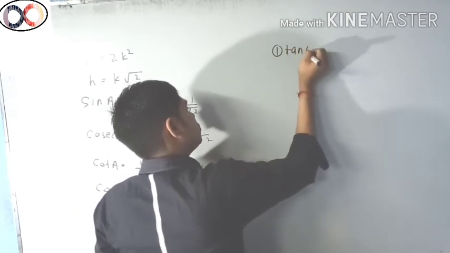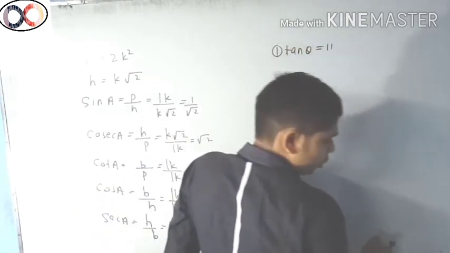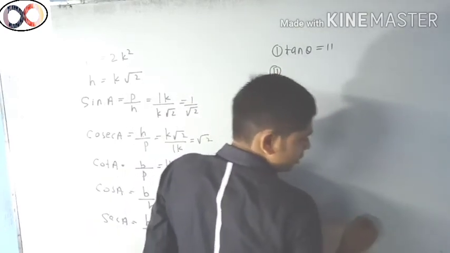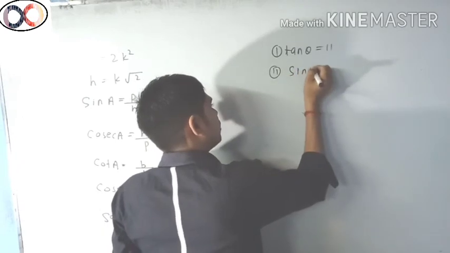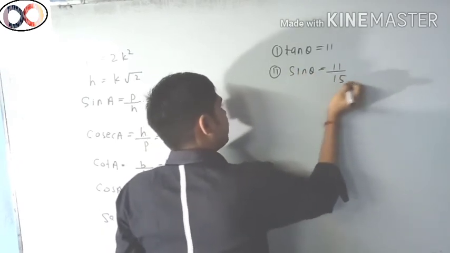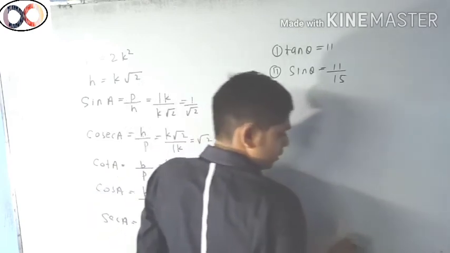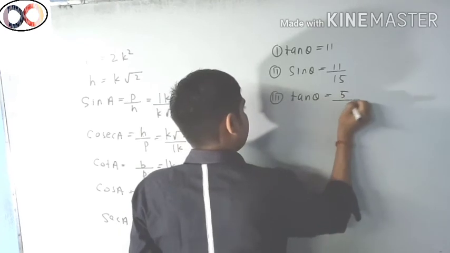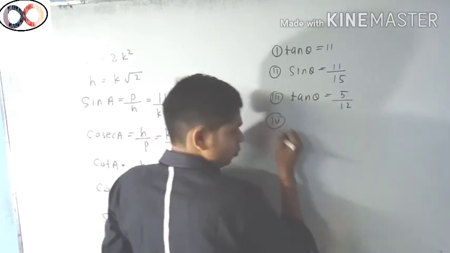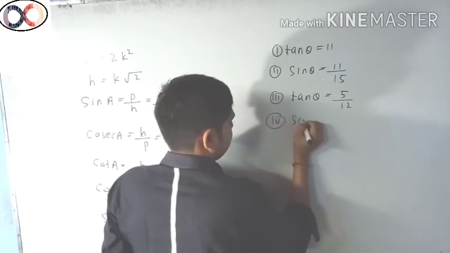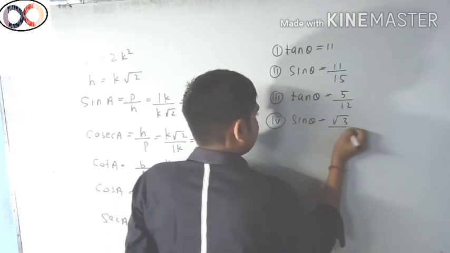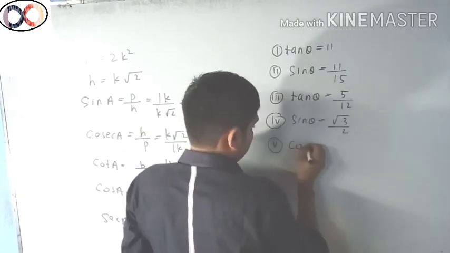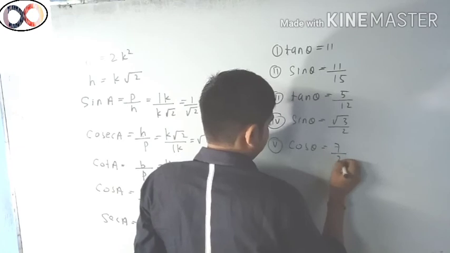Tan theta equals 11. Next, sin theta equals 11 by 15. Next, tan theta equals 5 by 12. Fourth, sin theta is root 3 by 2. Fifth, cos theta is 7 by 25.